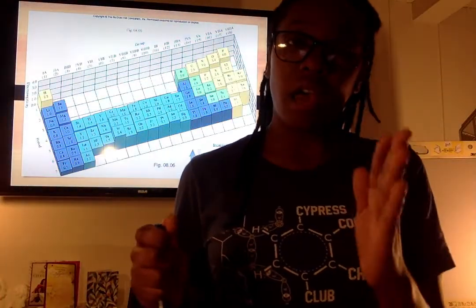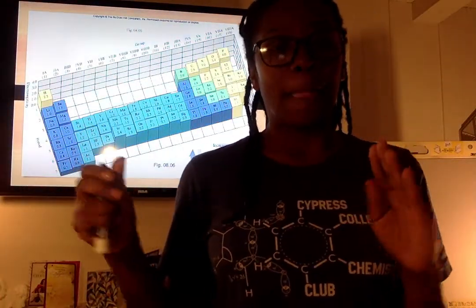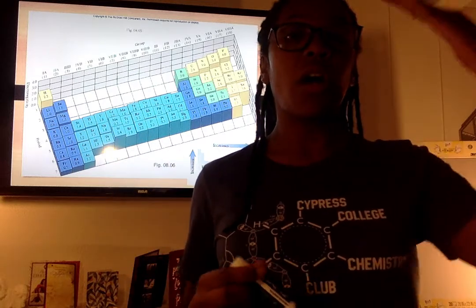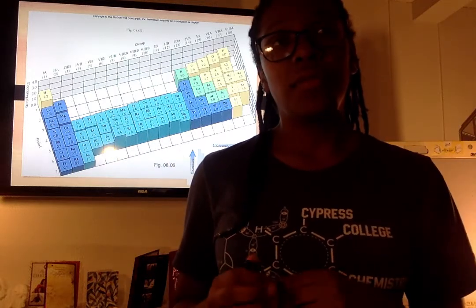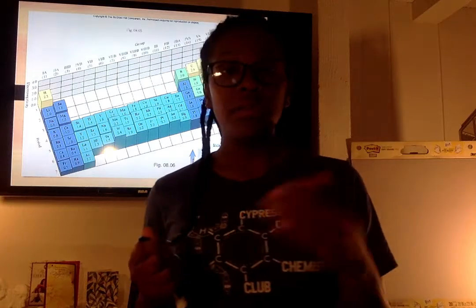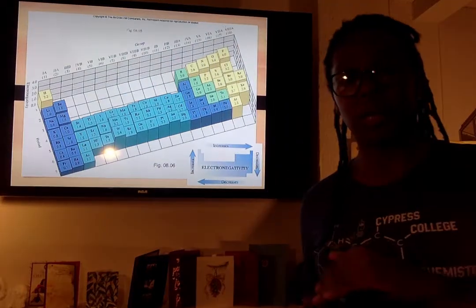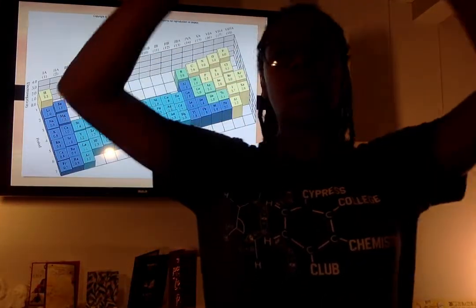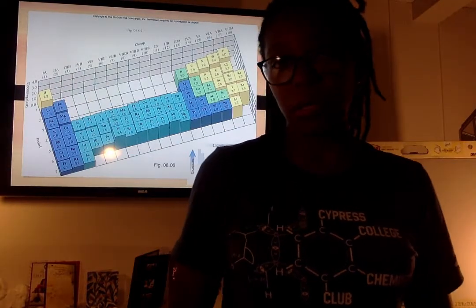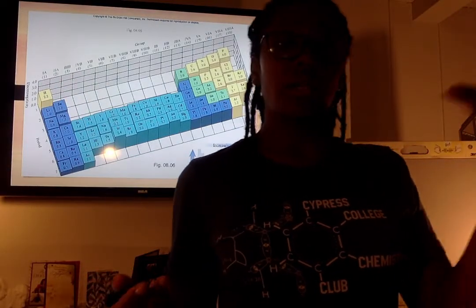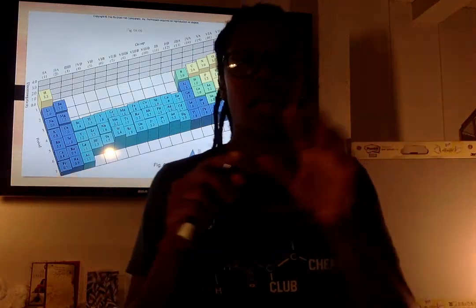If you take the circumference in half, that's going to be the radius. Remember that depending on the quantum level of the atom, where it's actually placed, that will tell you how large the radius is going to be. If you have more quantum levels, it's going to be larger, so you're going to have a larger radius.